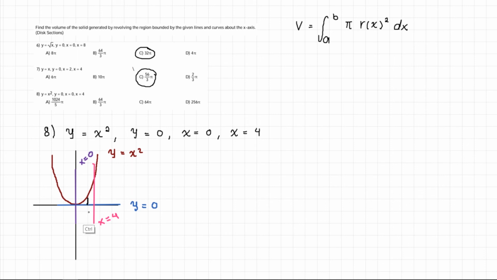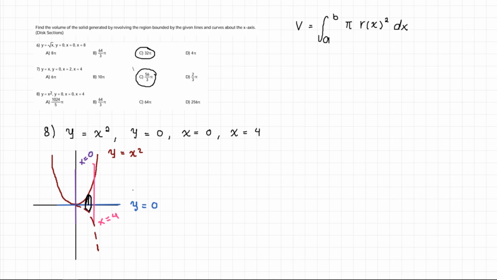So if I draw a line between the x-axis and the parabola, I can just rotate this, and it's gonna look something like this. Let me do it more narrow, something like that. So the corner part is gonna look something like this. Okay, it's gonna be kind of like a cone one more time.